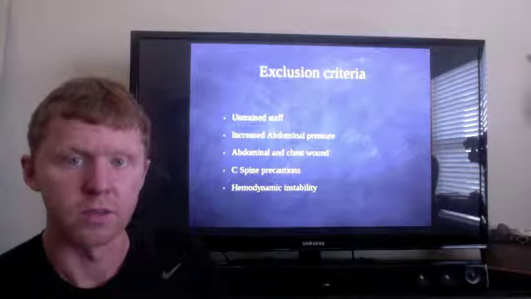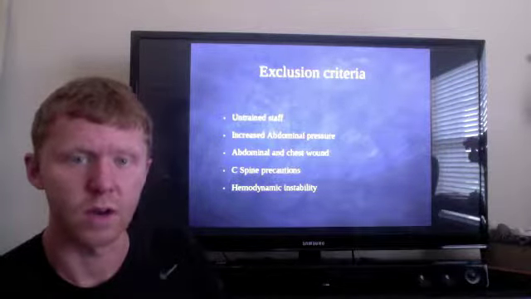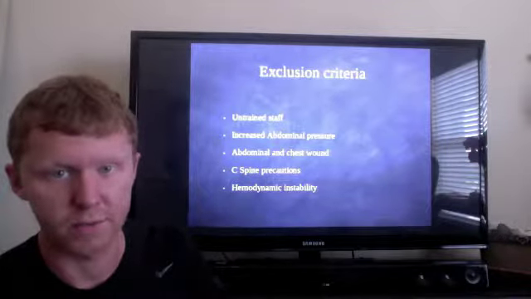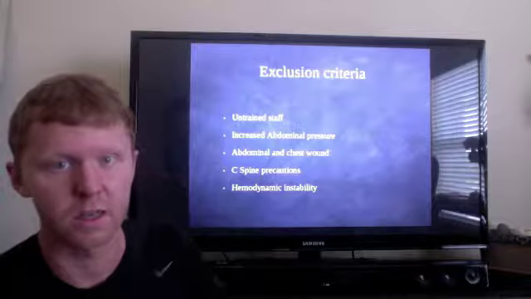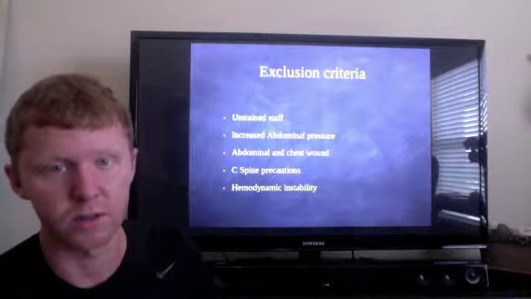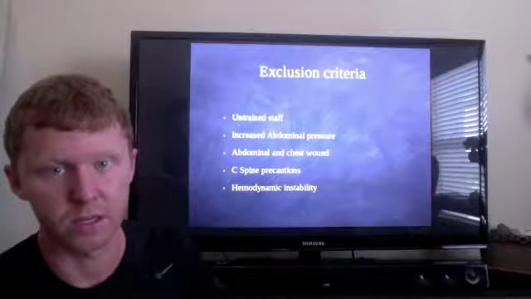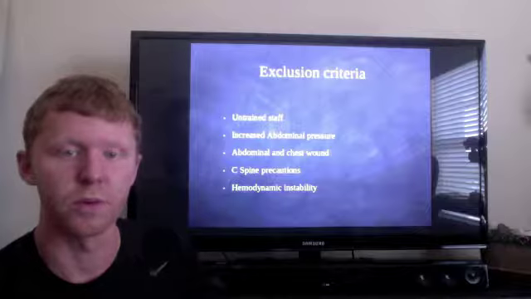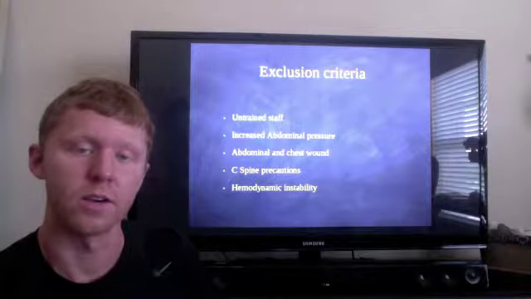And then exclusion criteria. If you have untrained staff, it would be very unsafe for the patient. You want to have staff that is trained and knows what they're doing when turning a patient into prone position. And then increased abdominal pressure. You wouldn't want to put a patient on their stomach with this.